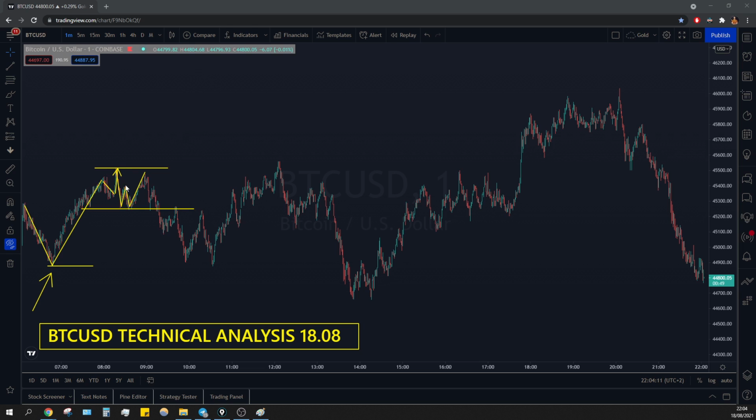And we're seeing sort of a double bottom at the top, because we see now price is failing to make new highs, pre-London.